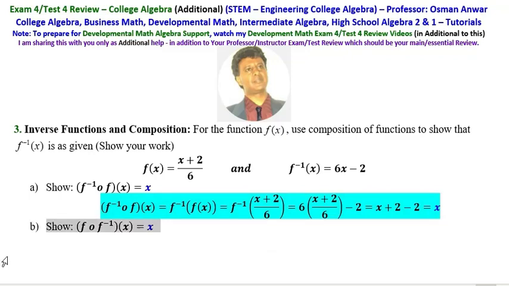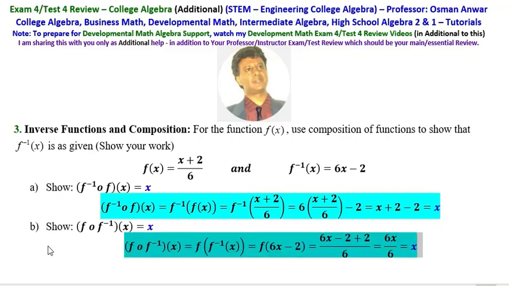Then we need to show also f compose f inverse of x equals x. That is, f compose f inverse of x is equal to f of f inverse of x, and f inverse of x is 6x minus 2. Then you substitute this 6x minus 2 into f of x.